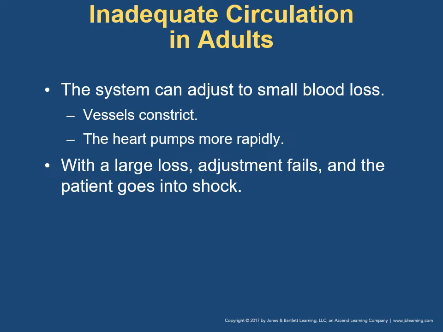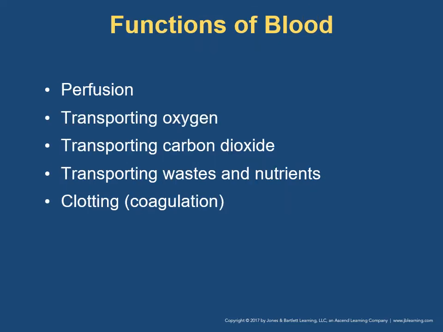This can be expressed by the following formula. You have a mean arterial pressure, or MAP, that is going to be determined by heart rate times stroke volume, and then that number multiplied by systemic vascular resistance.